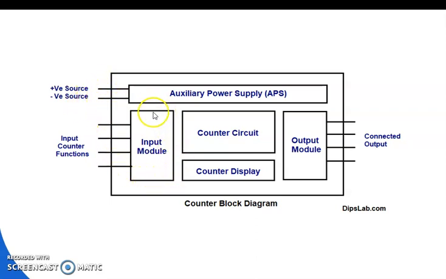Then the next one is an input module and an output module. The input module has the input counter functions, 4 counter functions are marked here, 1, 2, 3, 4. Similarly, the output module also has 4 different terminals, that is the output module connected terminals.